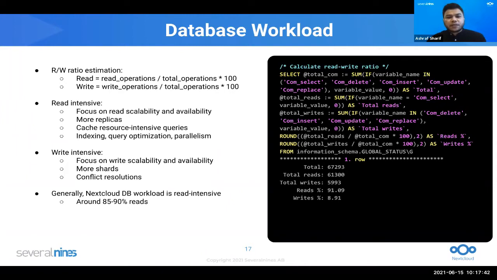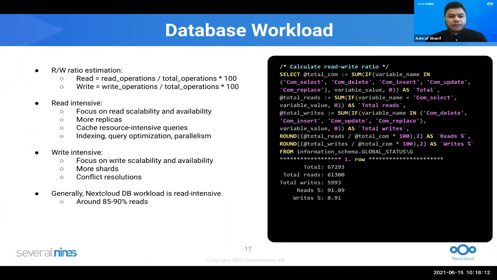We can tell from the output here that our database workload is read intensive, with 91% read operations and 8% write operations. Therefore, we should focus more on scaling out replicas and caching some expensive queries. This is not a production workload, but we should get a similar result pattern for most workloads.